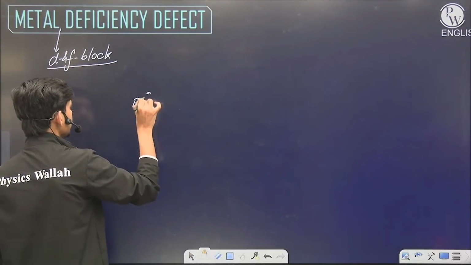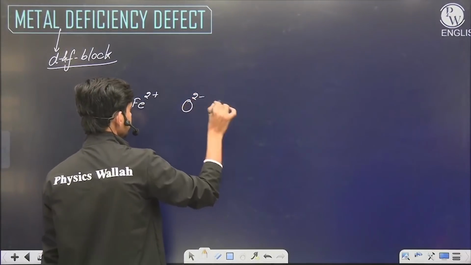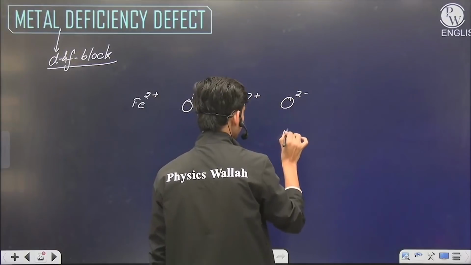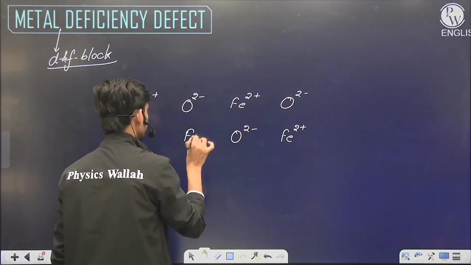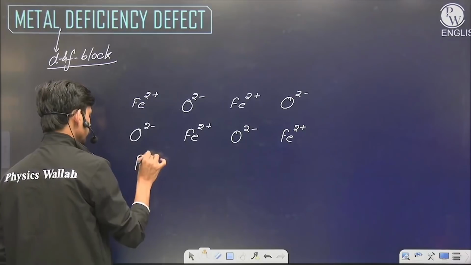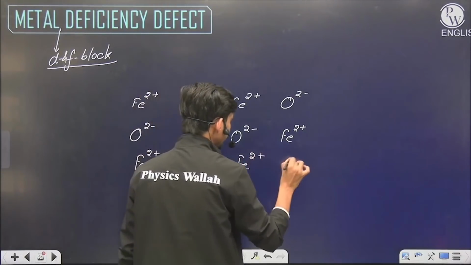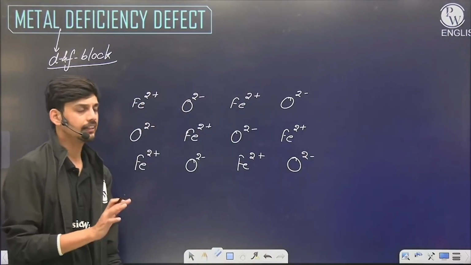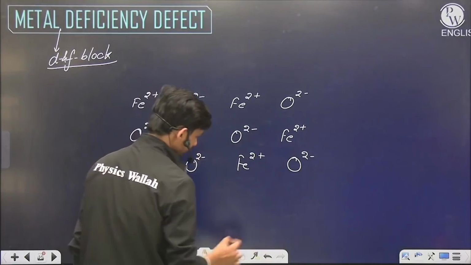First, understand the defect. Suppose we have iron oxide, ferrous oxide. A regular crystal of ferrous oxide is there. And suppose due to some reason one of the ferrous oxide units has less iron.